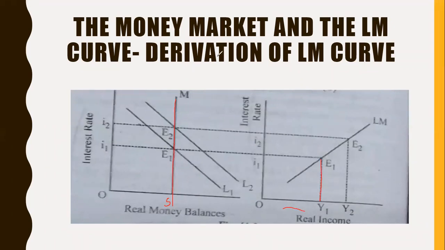At this level of income, prevalent money demand curve is L1. This L1 curve is prevalent money demand curve. Wherever money supply and money demand are intersecting with each other, we define point as equilibrium point. Accordingly, we derive interest rate as I1.